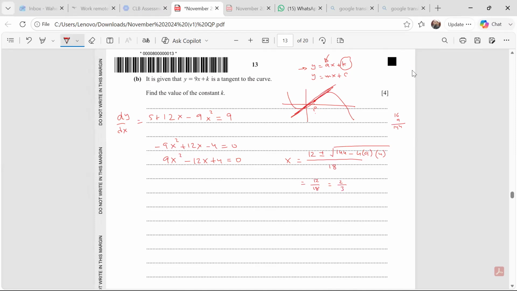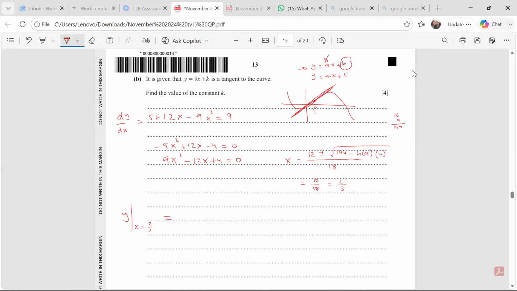So when x is 2 by 3, the derivative is 9, which means the slope of this curve is 9, and it has the same slope as this straight line. So this is the point where this straight line is tangent to the curve, right? Now let's find the value of y when x is 2 by 3.